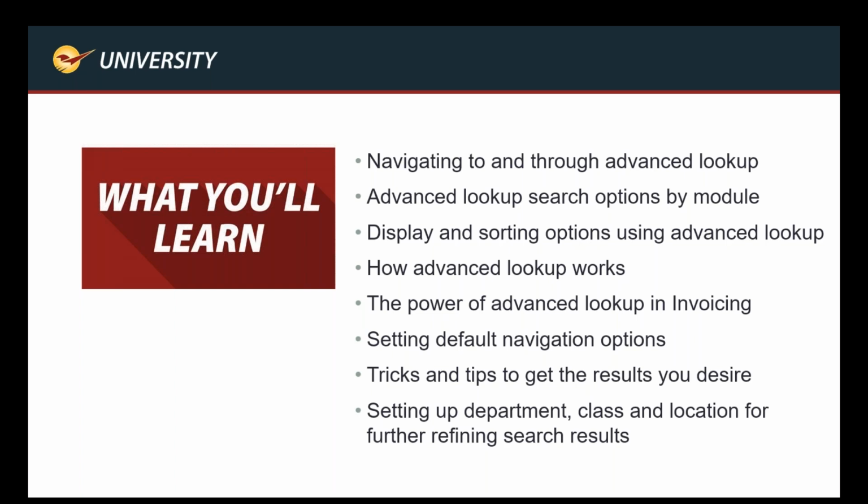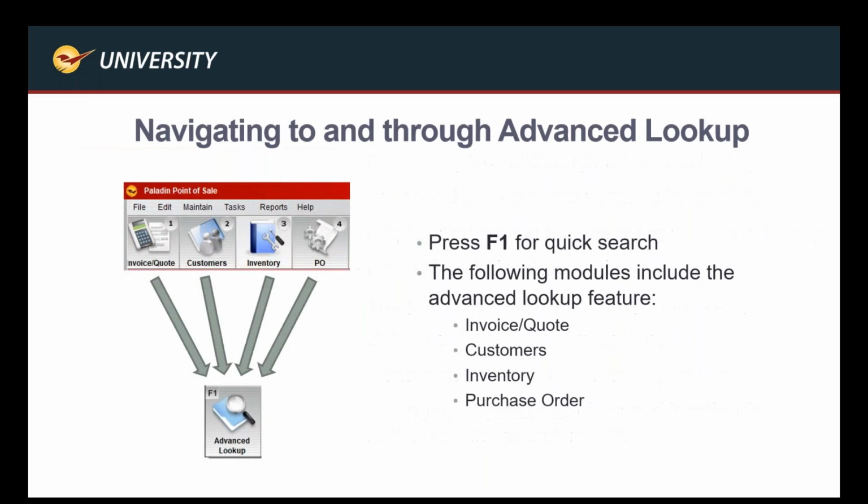There's some defaults that we can set up, which is pretty cool. We'll talk about those. We'll talk about some tips and tricks to get the most out of it. And then talk about ways that you could leverage search results that you desire or that are very specific to you. So we'll talk about how to do that as well.